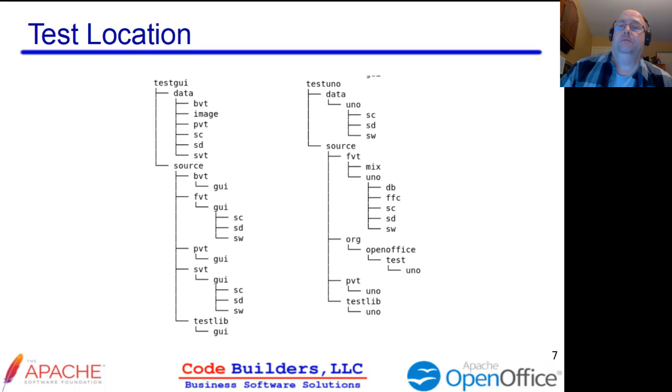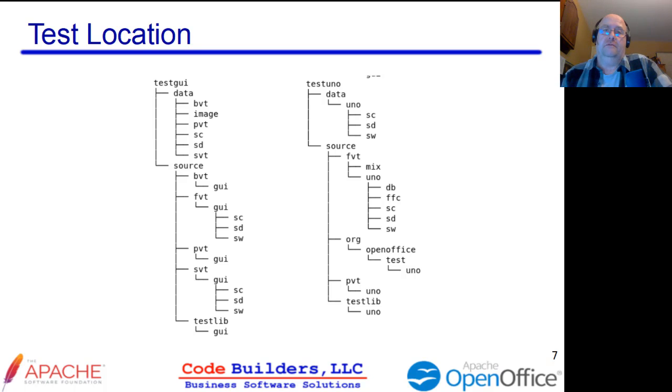The other set of that is the test Uno, being the APIs to manipulate the Office. So those would be where you would be using the Uno APIs versus using the GUI.